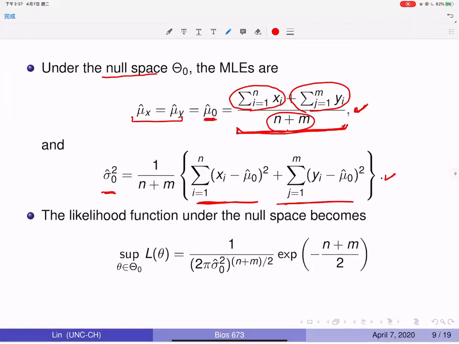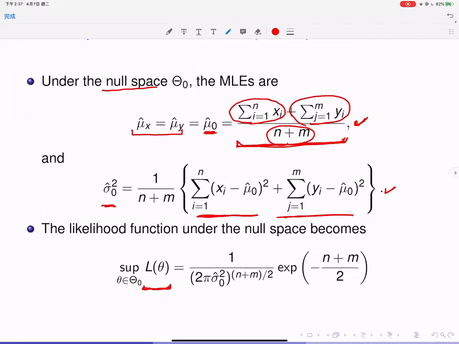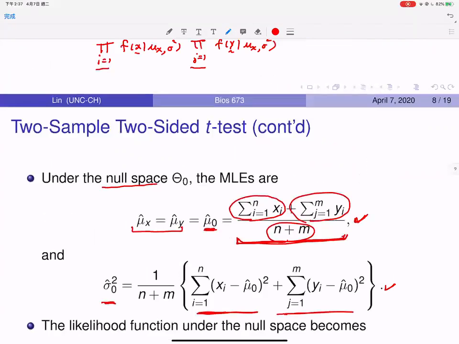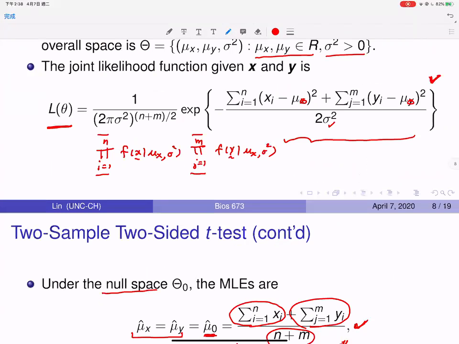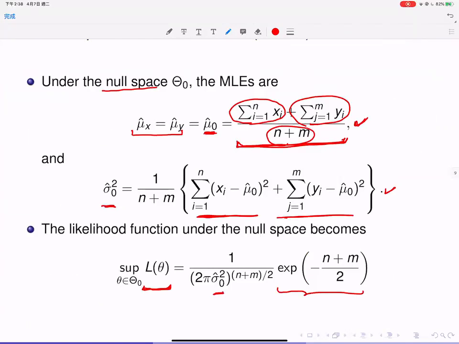And then you plug in mu and sigma square, replacing them by mu 0 hat and sigma square 0 hat. And you will find out again that your exponential part is going to be cancelled. Then this guy remains. You plug in where the sigma square becomes sigma 0 square hat.